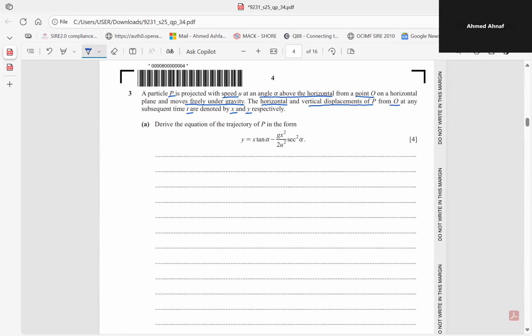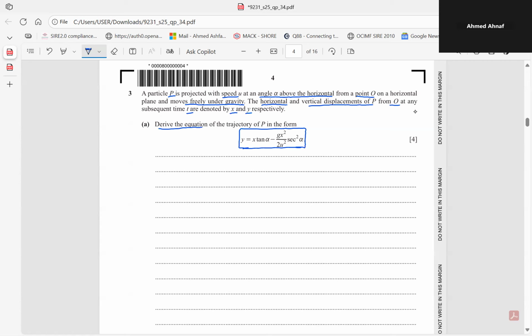Okay, so for the first part, we have to derive the equation of the trajectory of P in this form. So to do this, let's form equations for x and y.